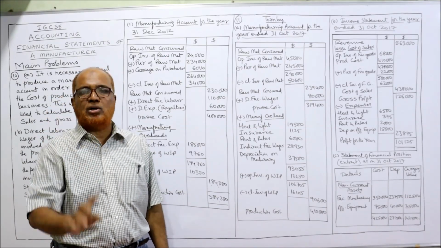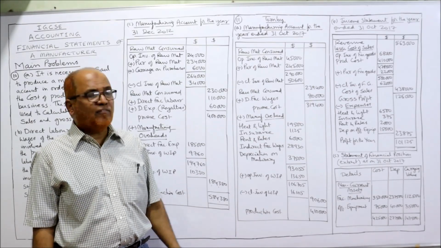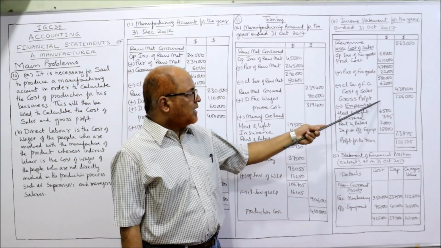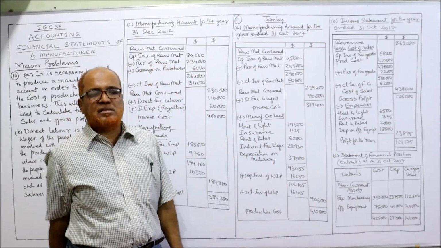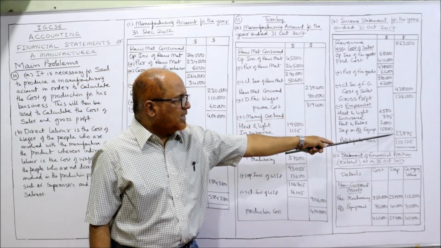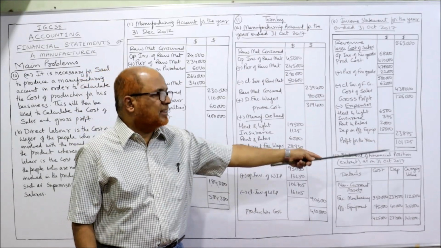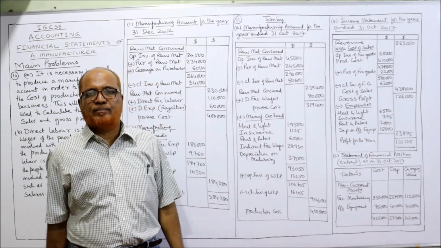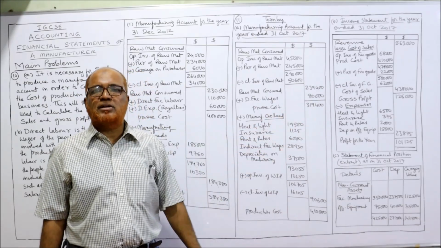Straight line means on cost. So 20% on cost of office equipment, 15,000. Take the total 23,875 is the total indirect expenses. Now subtract. Gross profit minus indirect expenses will get the profit for the year 1,01,125. Finished. So we have completed the manufacturing account, we have completed income statement.